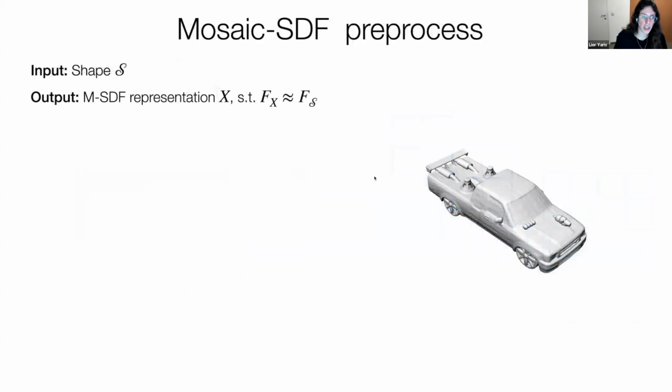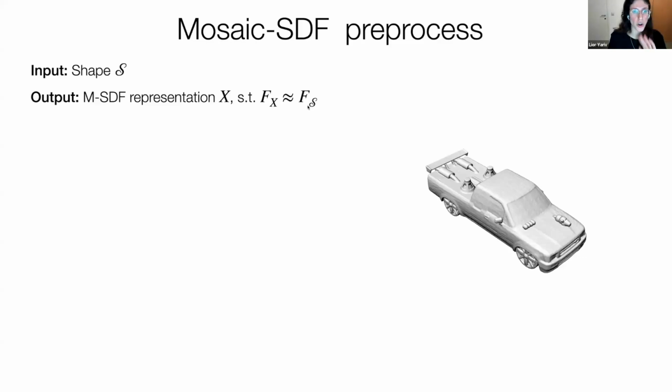So we want to define the pre-process of M-SDF. Given a shape, given a surface, again back to this car example, we want to output an M-SDF representation such that the global SDF evaluation we have in mind will be a good approximation of the ground truth SDF of this shape.